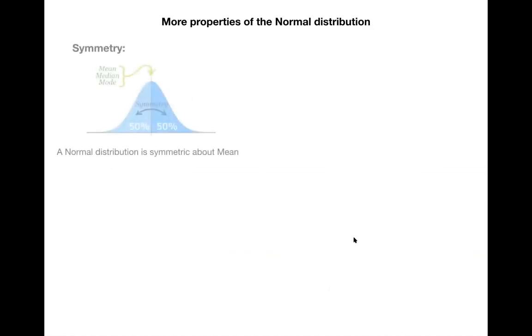So, more properties of the normal distribution. First of all, it's symmetric, right? When you see a normal distribution, it must have mean equal to median equal to mode. We will go through these concepts later. The mean is the numerical average, the median is the data point right in the center, 50%, and the mode is the data value that occurs most frequently.